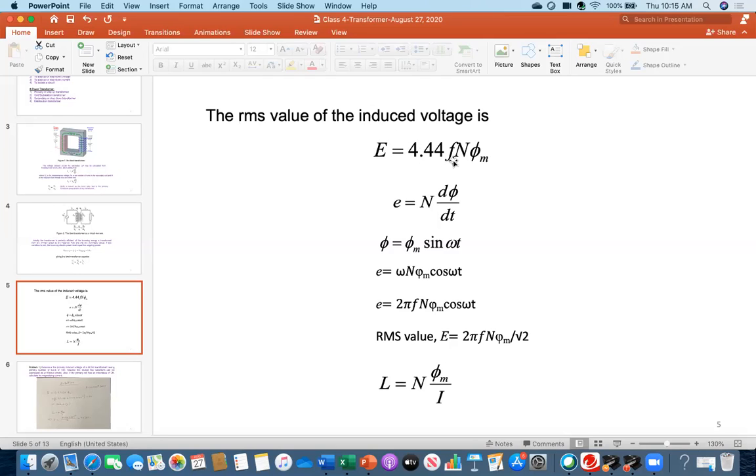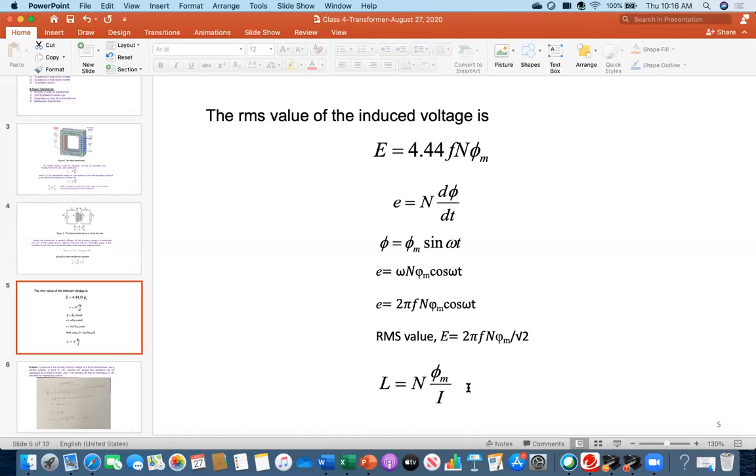This means you need to know frequency, number of turns, and magnitude of flux. And to solve the numerical problem, you also need to know this relationship that relates the flux, the inductance, the current and the number of turns.